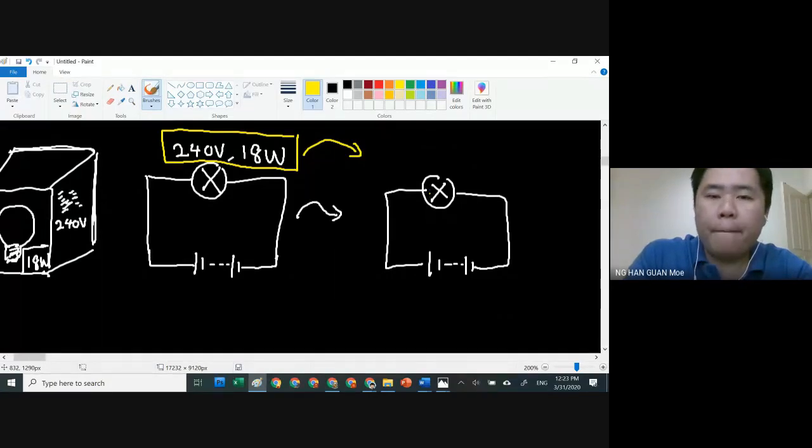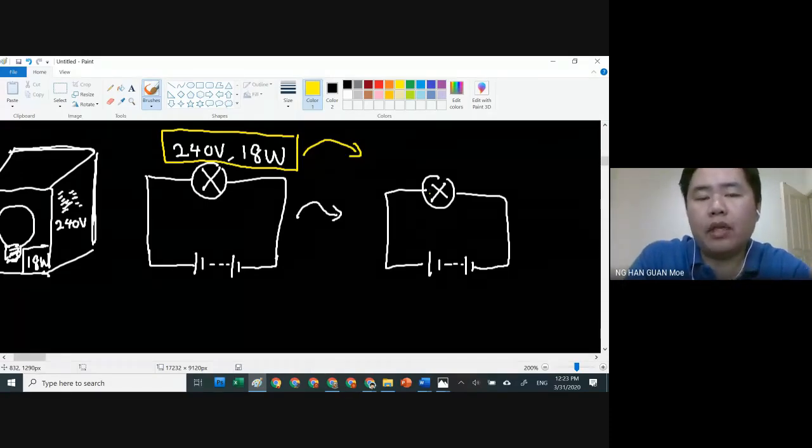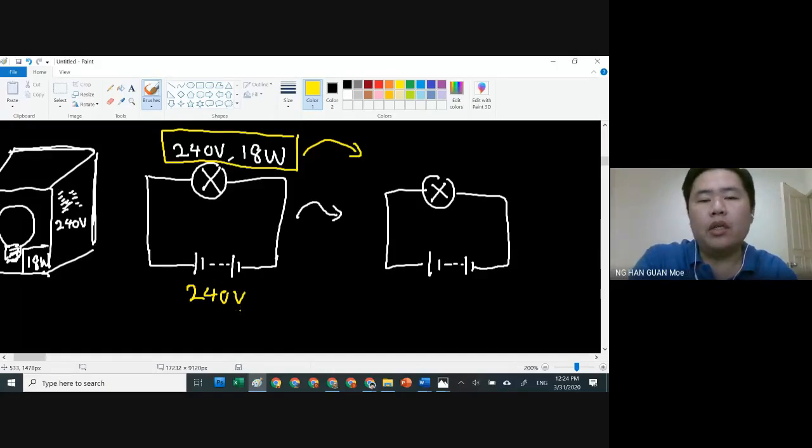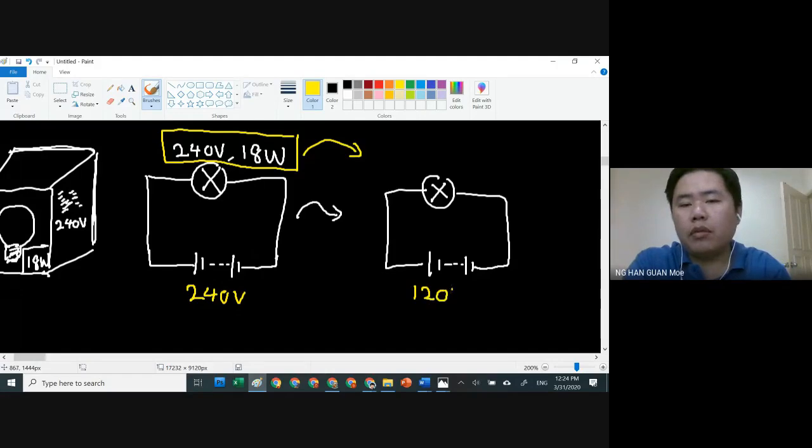So that's why from here you must get what the constant value is if the supply is not 240 watt. For example, previously I supplied 240 watt, so the energy consumed every 1 second was 18 joule. So now if I change to 120 watt, what is the power?